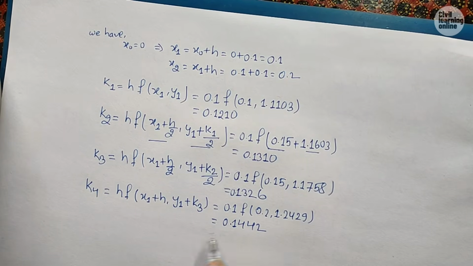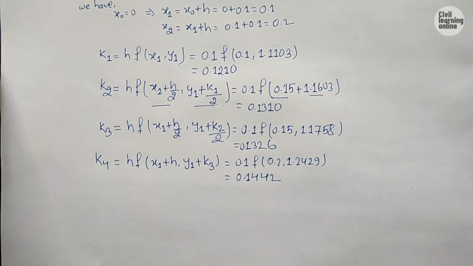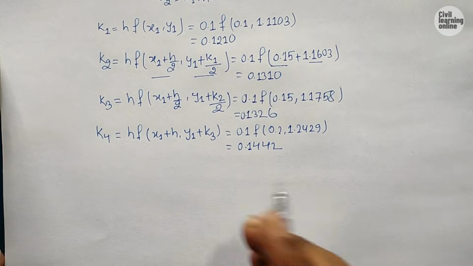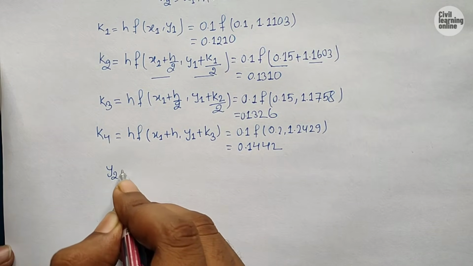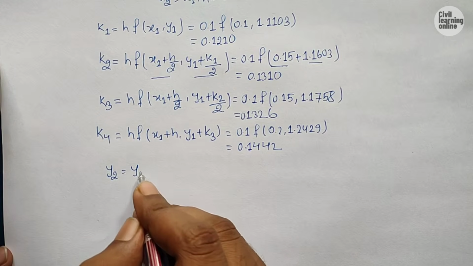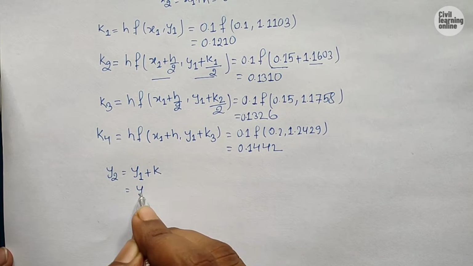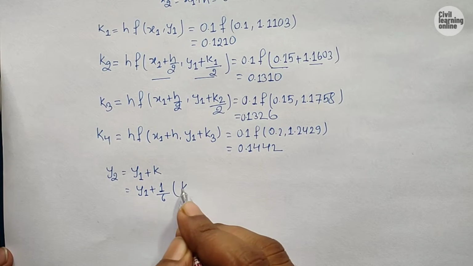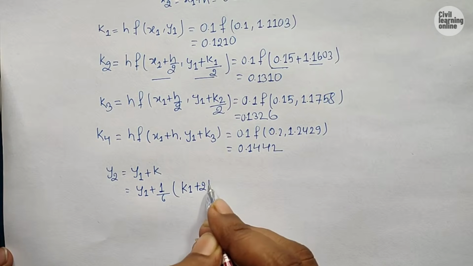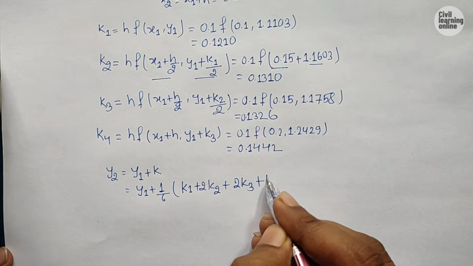0.1442. Now after getting the value of k1, k2, k3, k4, we need to find the value of y2. So y2 equals y1 plus k, and we have k equals 1 by 6 times (k1 plus 2k2 plus 2k3 plus k4).